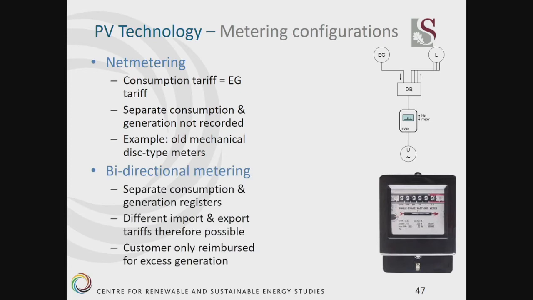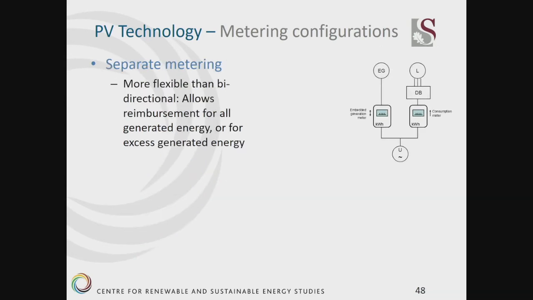Then you get bidirectional metering, which is an upgraded meter. The installation will look the same, but now energy going in or out of the meter can be measured differently, and the customer can be compensated for the excess energy.